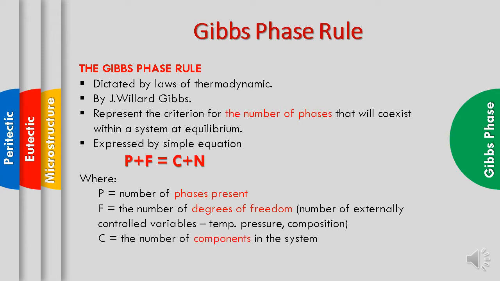And then we have C equal to the number of components in the system. And finally we have N, which is the non-compositional variable, which is temperature, pressure.